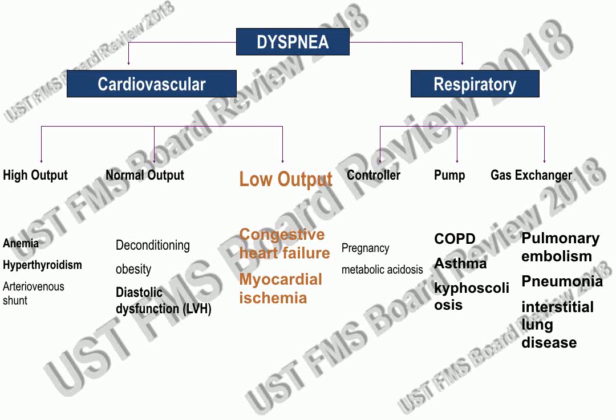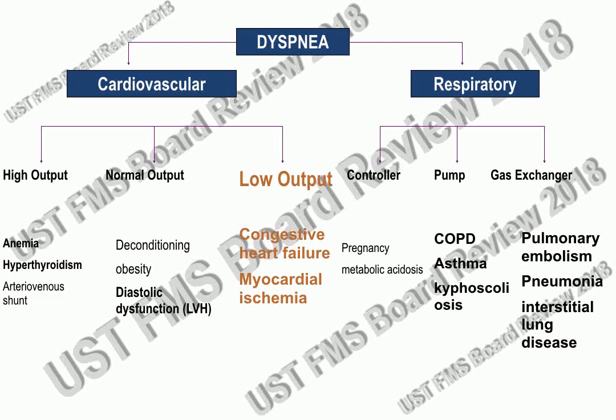And finally, a normal output type of heart failure, which is typically exemplified by your diastolic dysfunction. And these are patients who have left ventricular hypertrophy. If you recall, sometimes you encounter hypertensive patients, in fact, who have normal systolic function or normal contractility, but because they have left ventricular hypertrophy, they have what we call diastolic dysfunction.